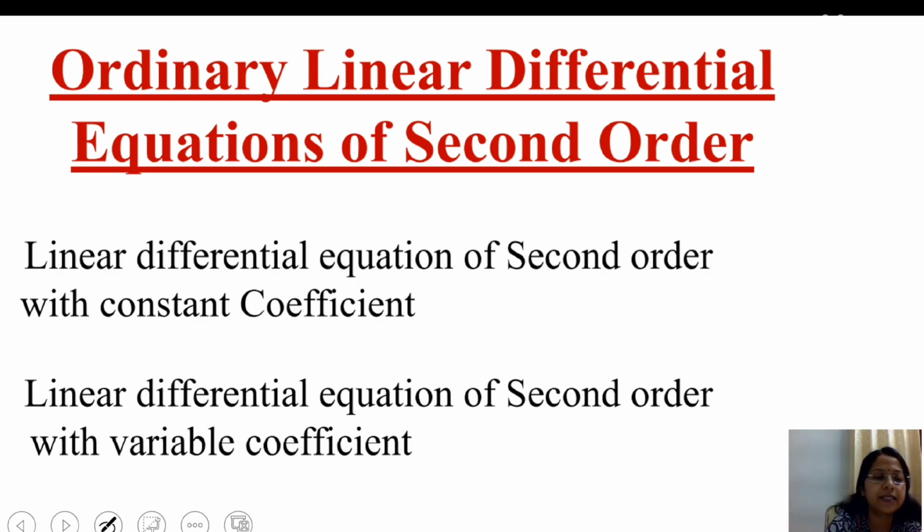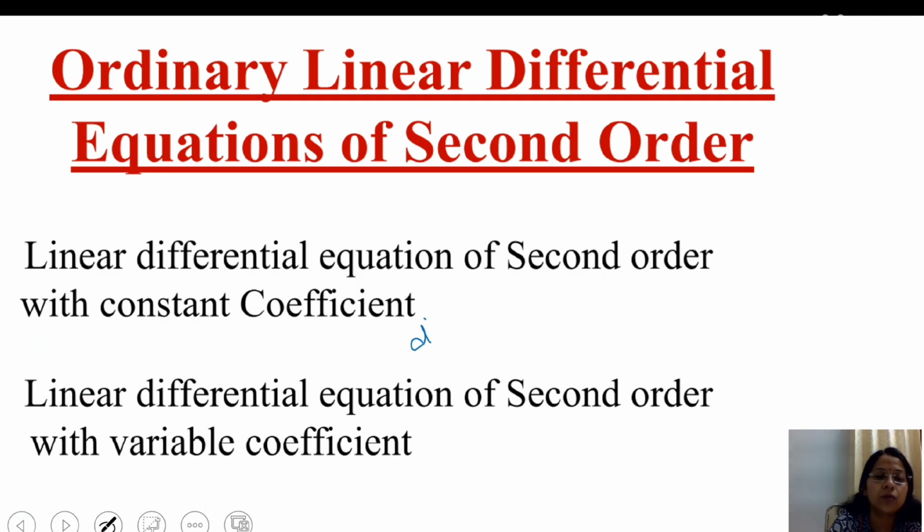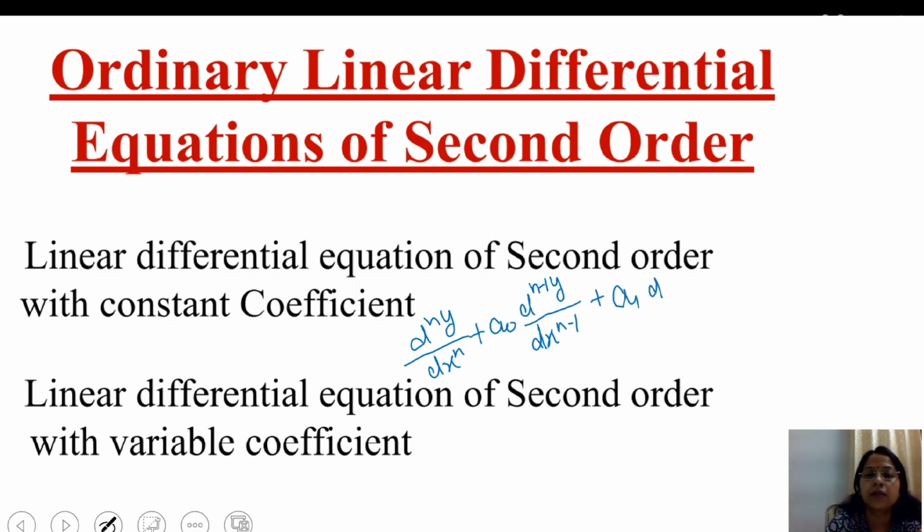It's nothing but a general form: a naught x raised to the power n, dn y over dxn, plus a naught dn minus 1 y over dxn minus 1, plus a1 dn minus 2 y over dxn minus 2, and so on, plus an y is equal to q, which is a function of x only.